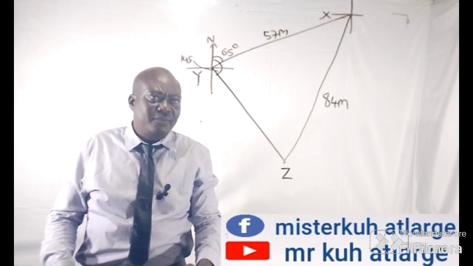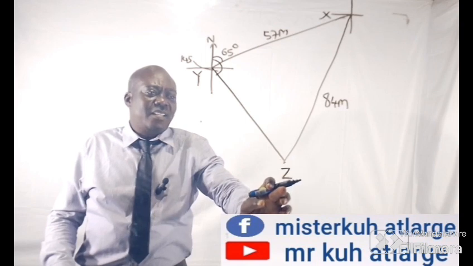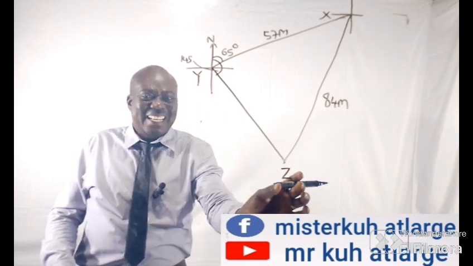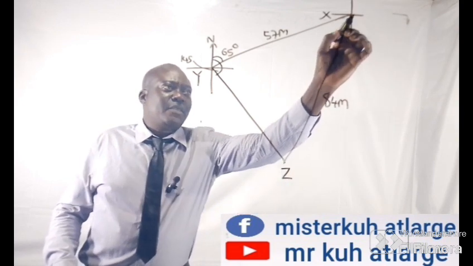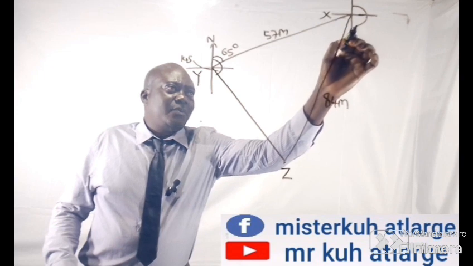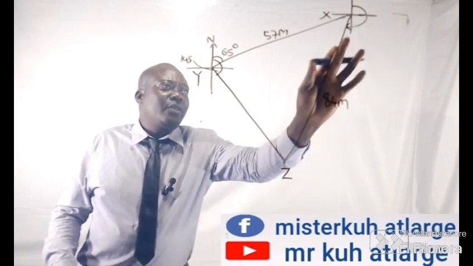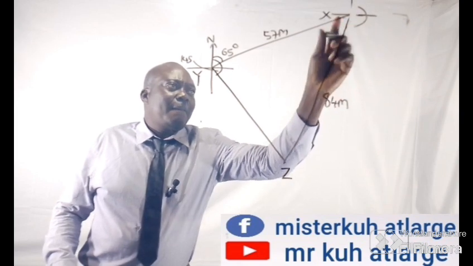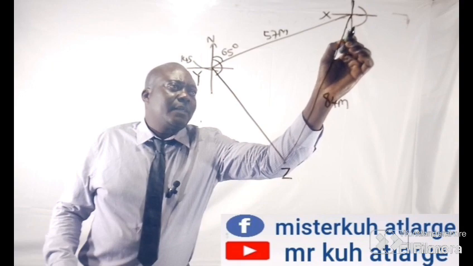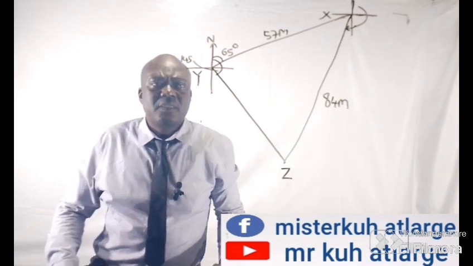And we're now asked to calculate the bearing of z from x. That means the angle from here up to this place. That's what we are looking for. Let me make it clear. Here to here. That's the bearing.